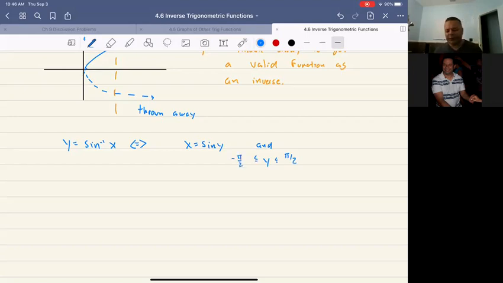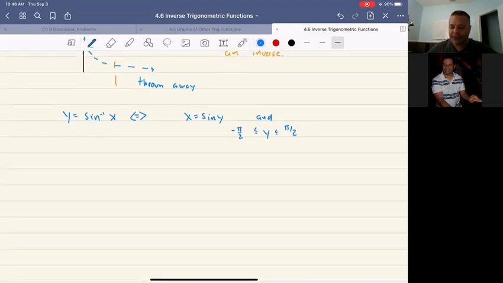Let's first graph it from the regular graph, and then I'm going to show you how I think about it using the unit circle.